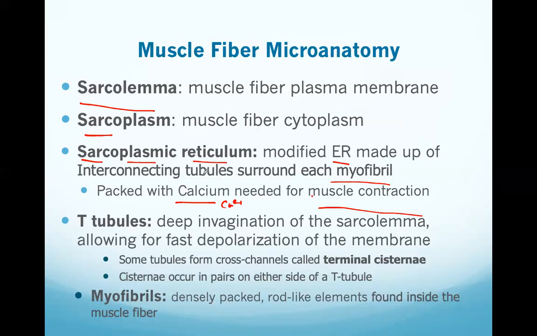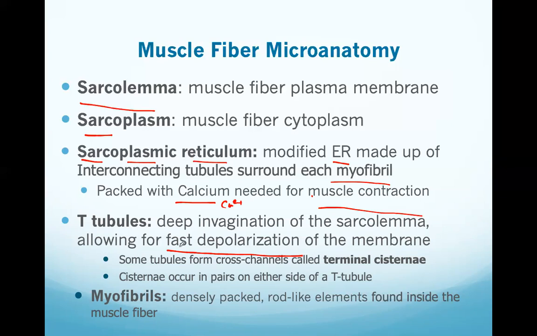The next structure inside the muscle fiber, which is specialized to muscle fibers, is T-tubules. T-tubules is where your sarcolemma, which is your plasma membrane, dips down inside the cell. The importance of this is that it allows for the process of fast depolarization. You may not be familiar with the word depolarization.